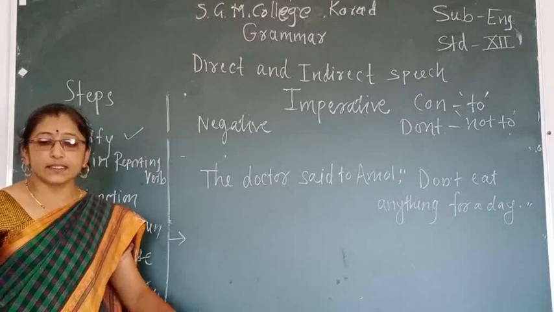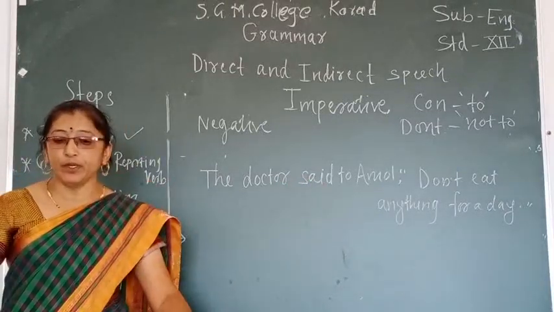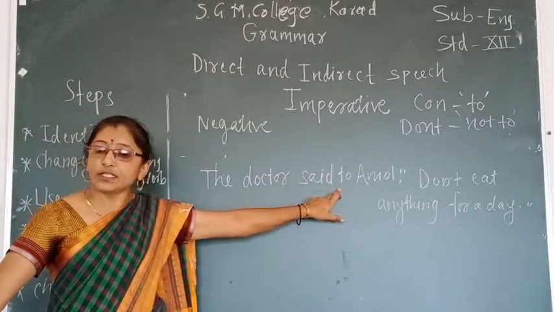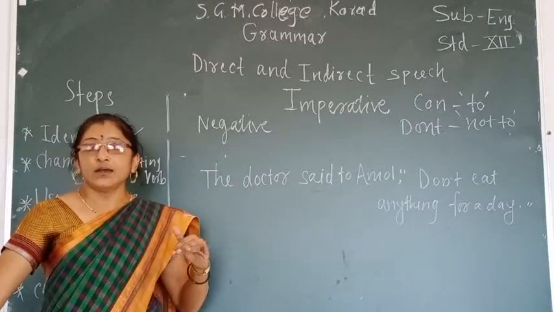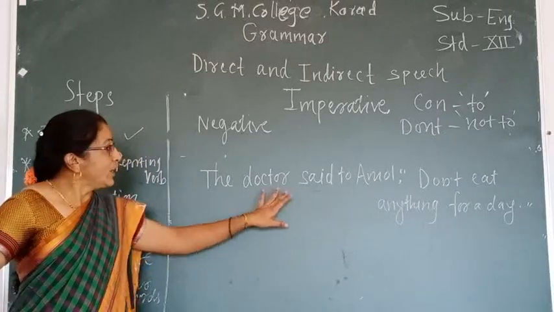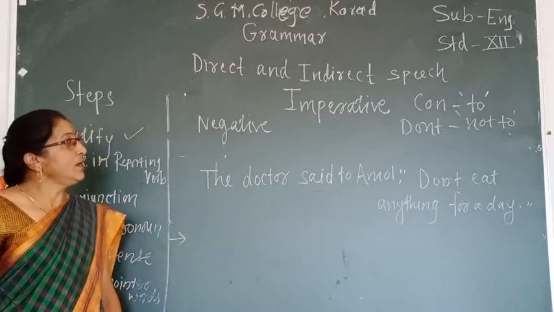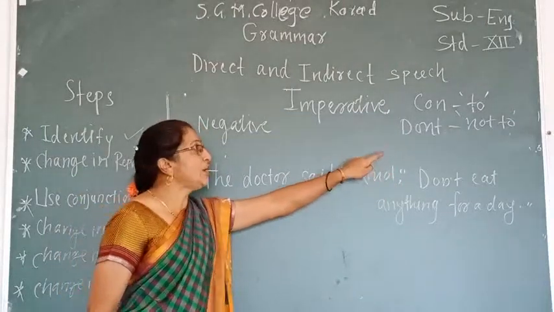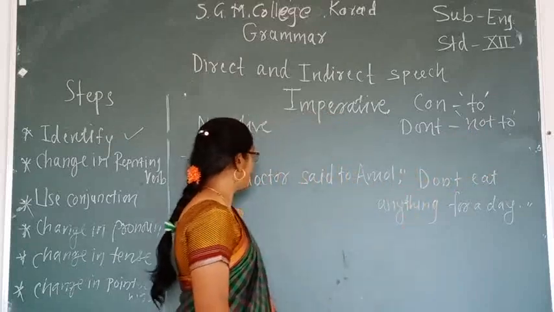In imperative sentences, the main clause always begins with the main verb. The reporting verb depends on the sentence. If it is a command, we use commanded, ordered, or advised, suggested. Then we remove the punctuation marks and use the conjunction. But if the imperative sentence is negative, instead of to, we use the conjunction not to.